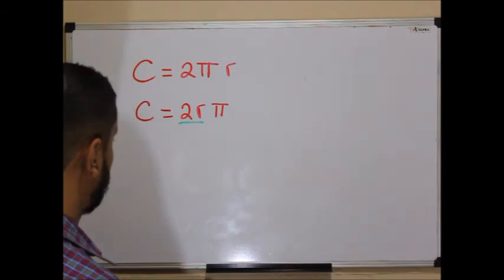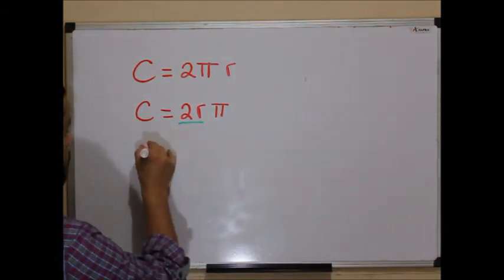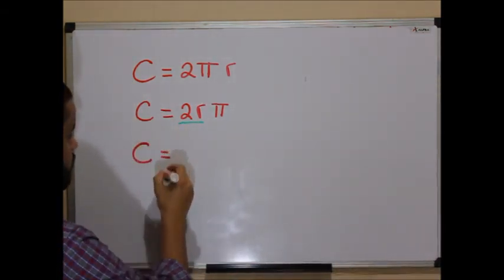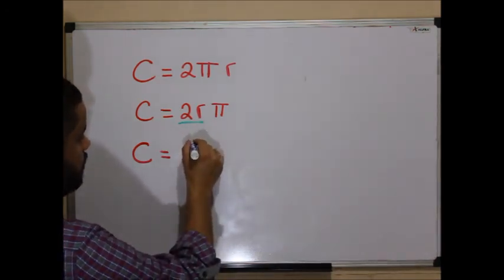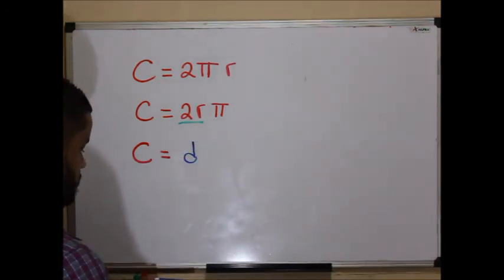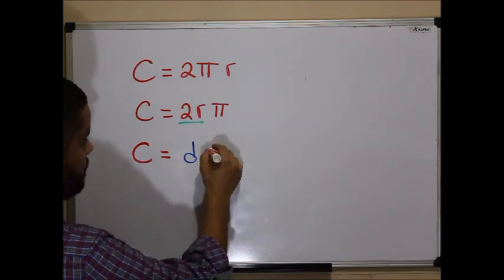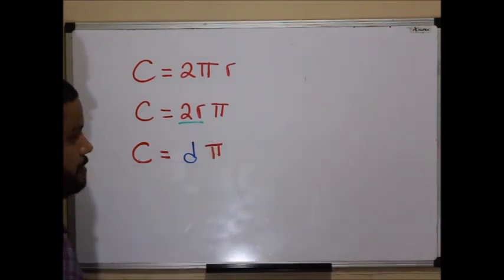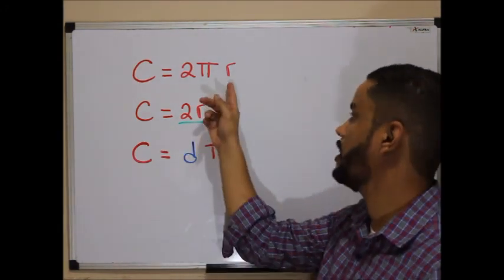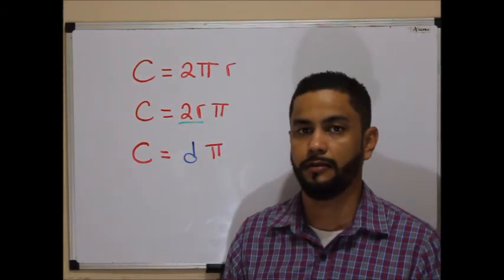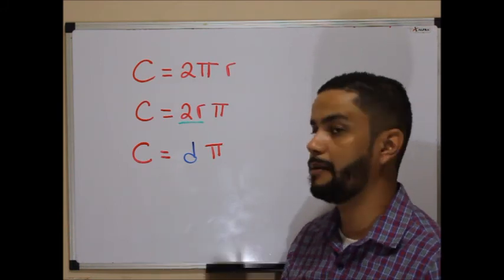So we can have here circumference is equal to diameter times pi. So that means that if you're having the radius, you also have the diameter.